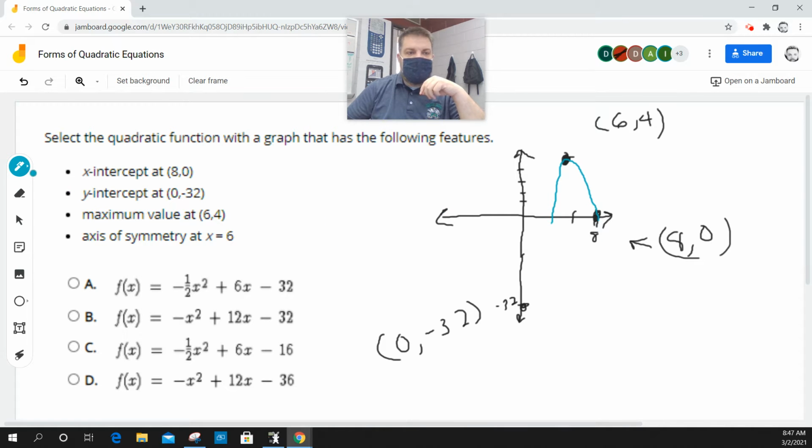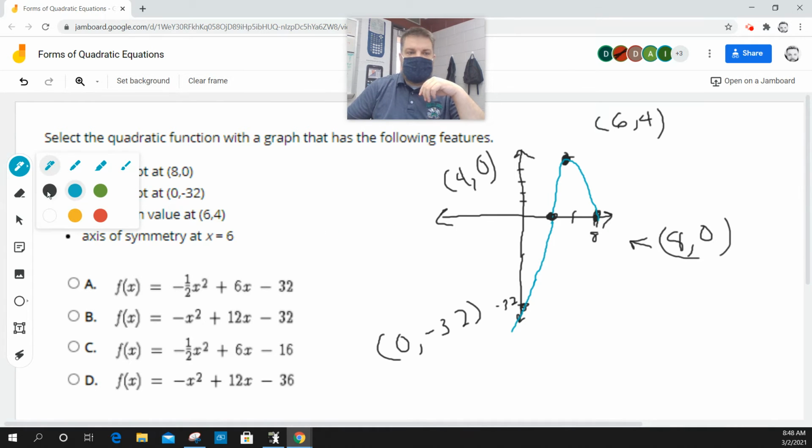Now I already know that, you're going to be amazed by this, the other x-intercept is 4, comma 0. How do I know that? Because my c term is the y-intercept, right?